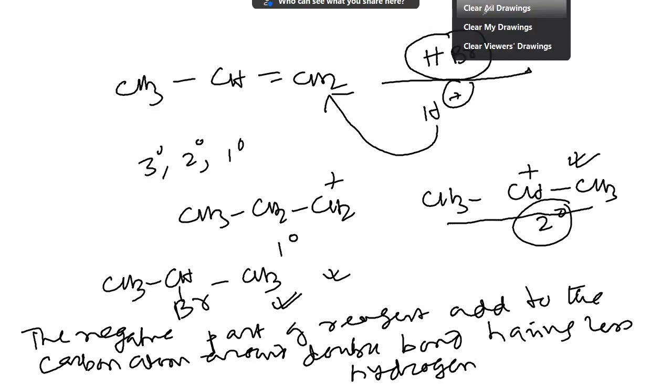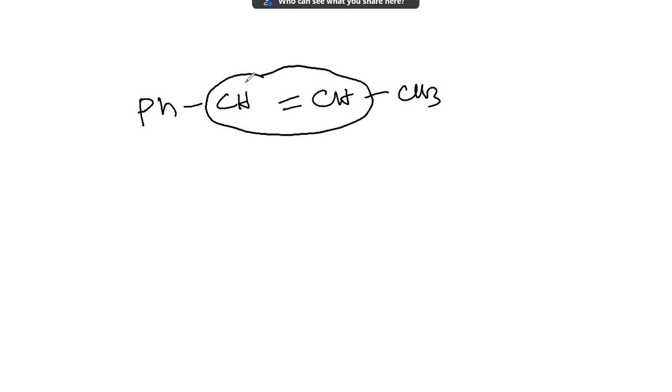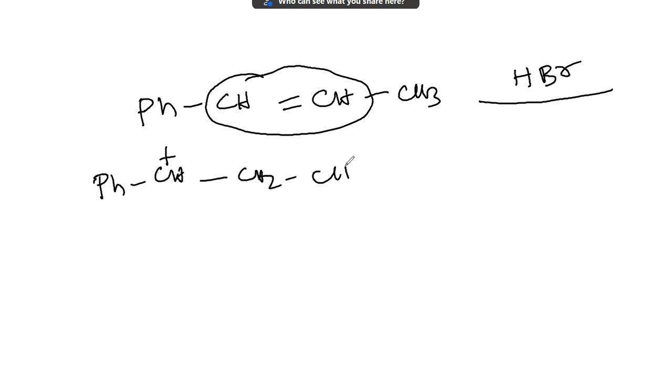Now think of this case. In this case, both the carbons are attached with one hydrogen. So in this case, how should I approach Markovnikov's rule? In this case, I should think of which carbocation is more stable. It can be from this. If H plus attacks over here, positive charge will be formed over here, or it can be this also.